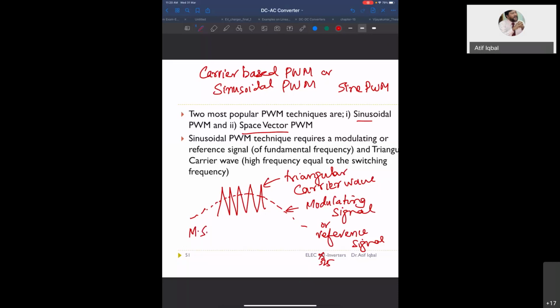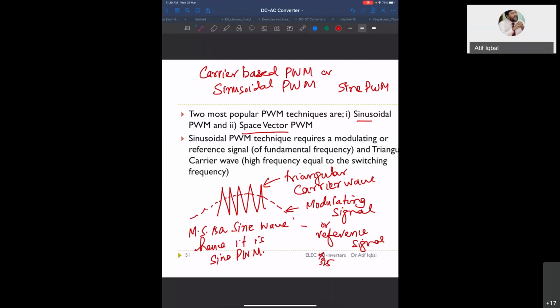Since the modulating signal is a sine wave, it is called sine PWM, or simply the carrier-based PWM technique. Sometimes it is called the carrier-based sinusoidal PWM technique.